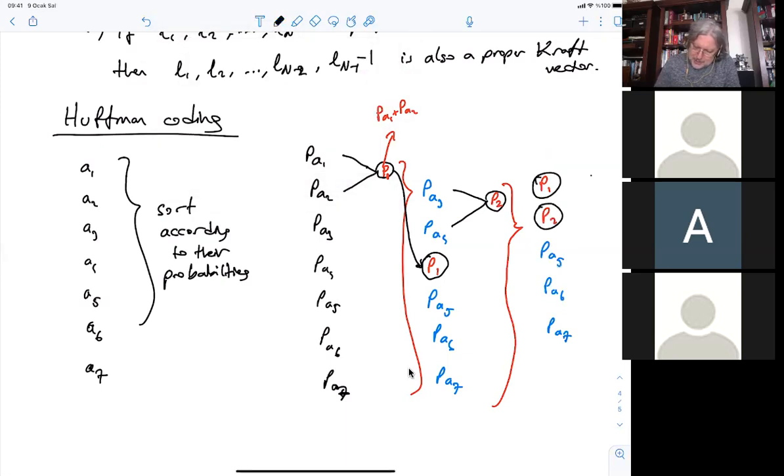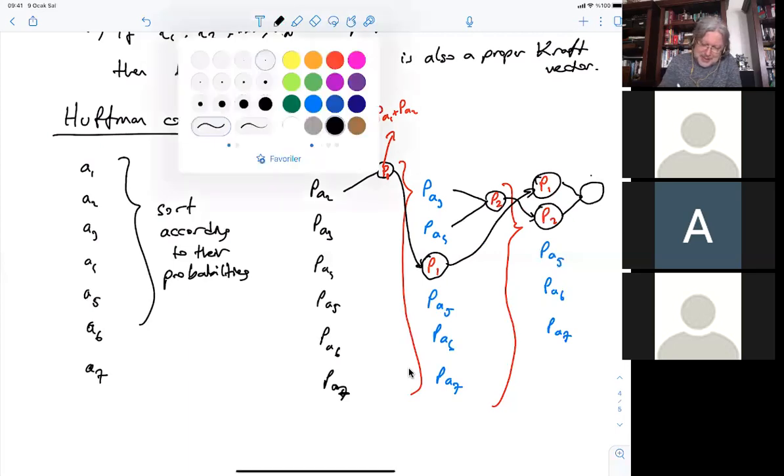This P1 therefore goes to here and this P2 comes here. The others are just reflected as they are. And then these two are further merged to come up with P3, let's say.